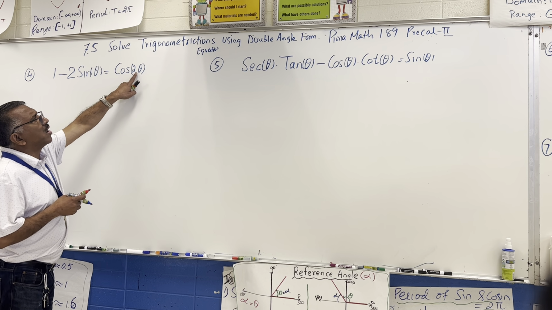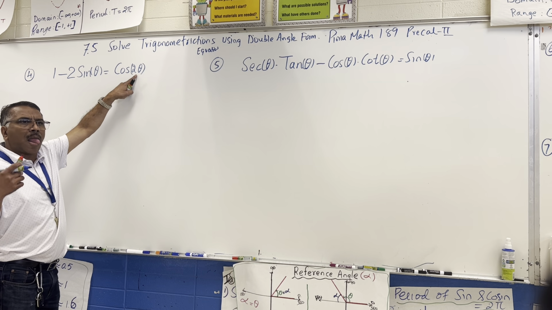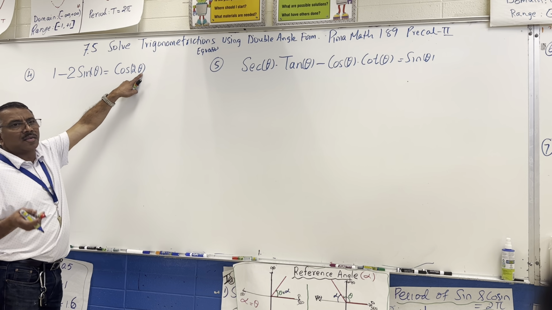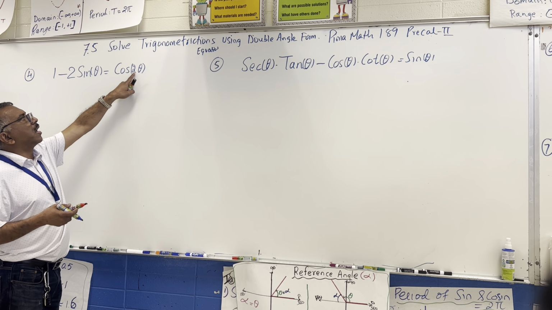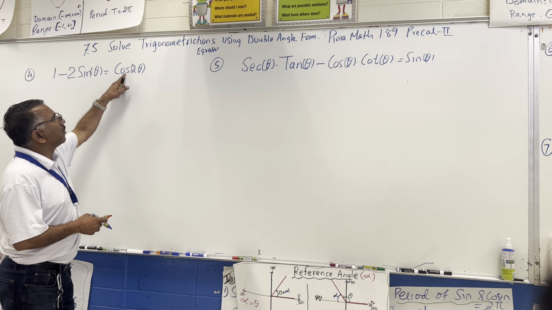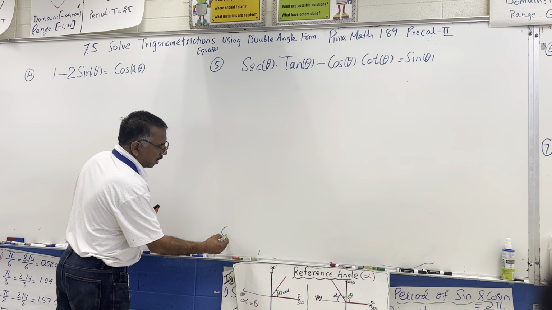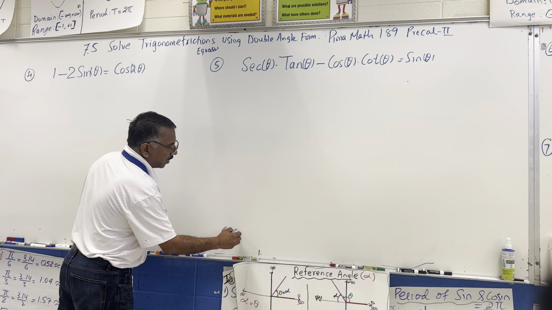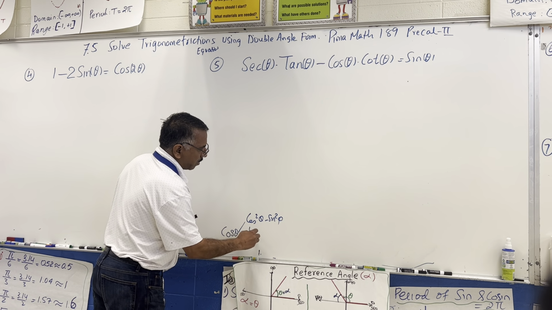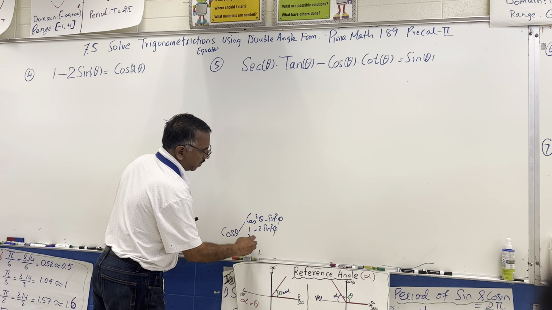So can we change this cosine to another form? We can apply an identity, and you can clearly see we can use the double-angle formula for cosine 2 theta. Cosine 2 theta is cos square theta minus sine square theta, or 1 minus 2 sine square theta, or 2 cos square theta minus 1.